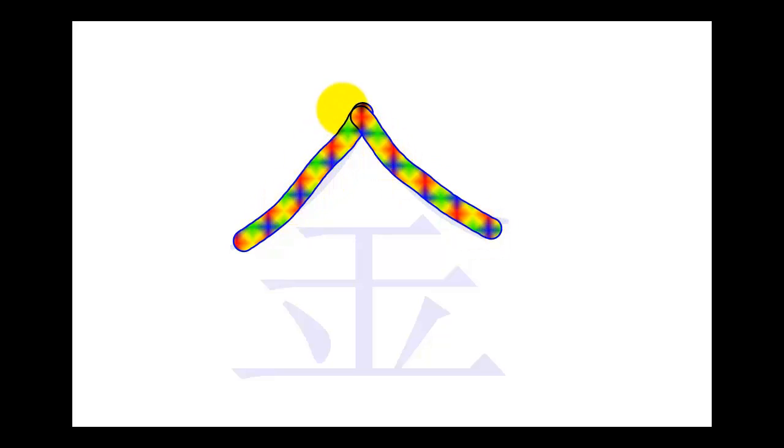These 2 strokes here represent the roof over the top of the mine, which is going to keep the rain out and keep the mine safe. Secondly, this stroke here is going to represent the ground level. And then underneath the character here, 1, 2, and that one across the bottom, that's going to represent all the dirt and the soil under the ground that we're going to be digging out to find the gold.